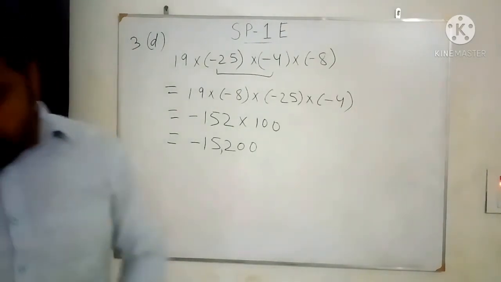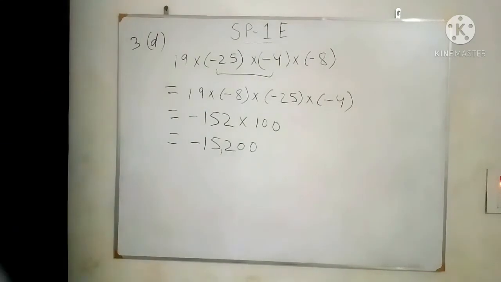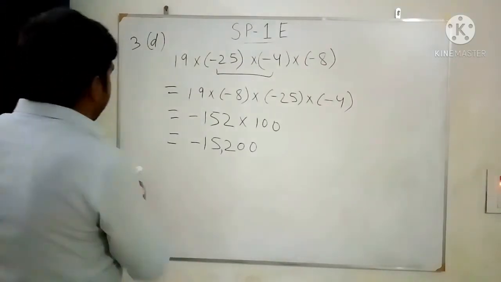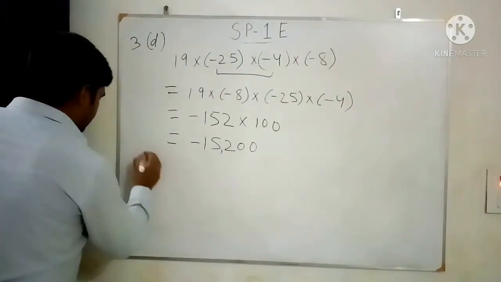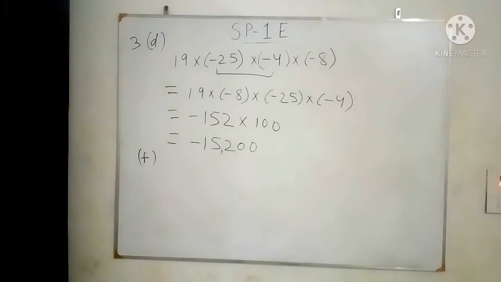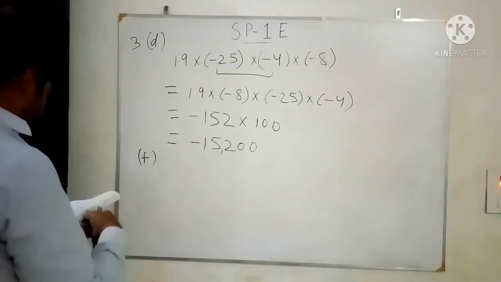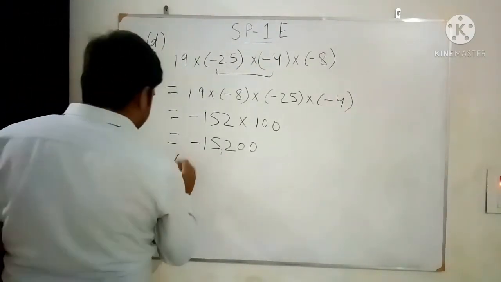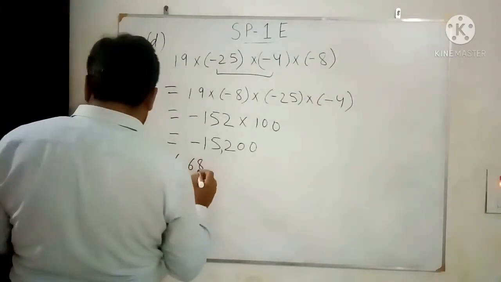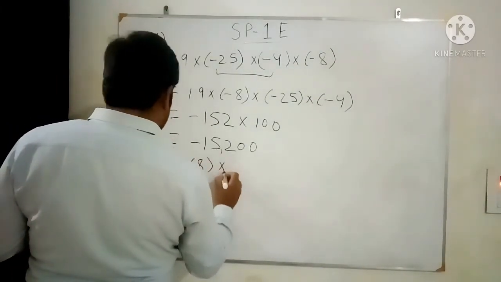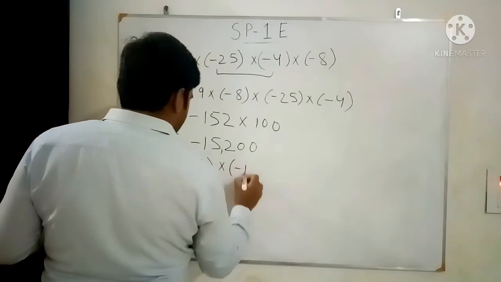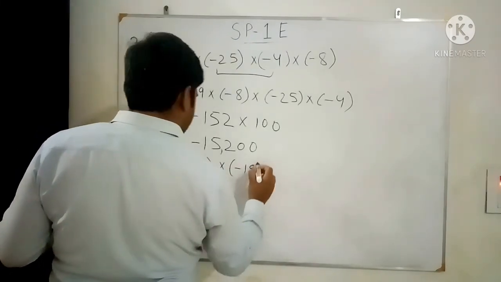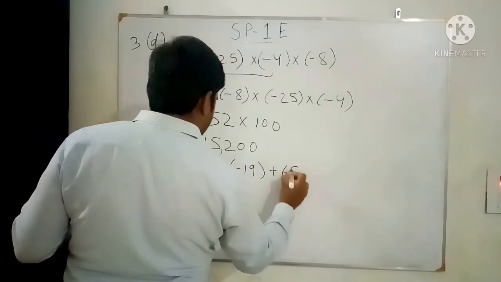Okay, now see the last question, F: minus 68 multiply minus 19 plus 68.